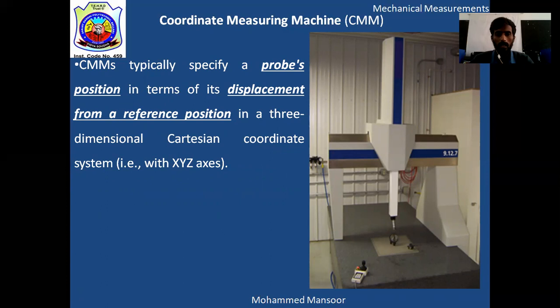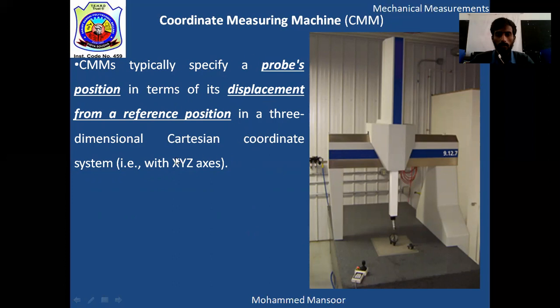Here we'll study a particular type in which the probe's position is given in terms of its displacement from a reference point. The CMM will have the reference position, and from that reference position the probe's position will be decided.